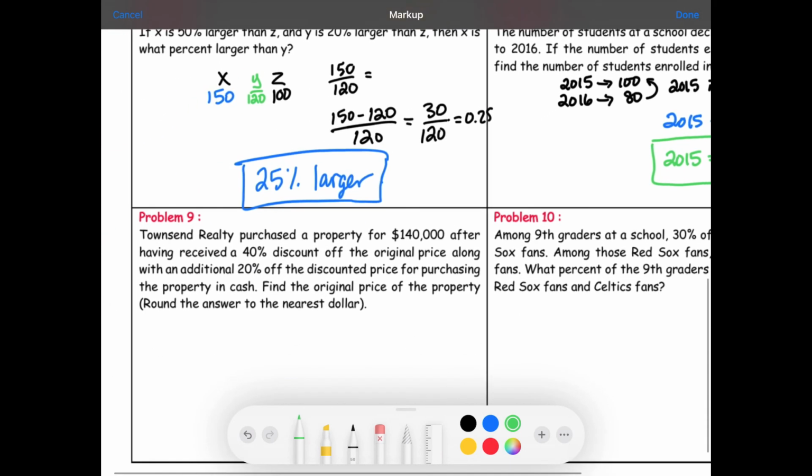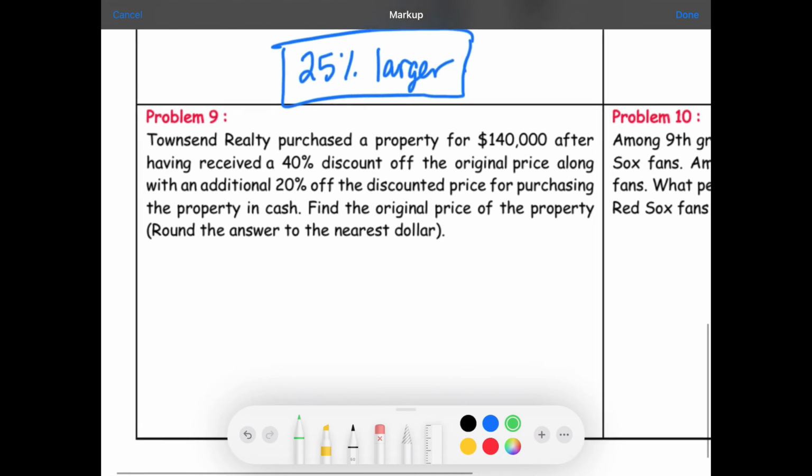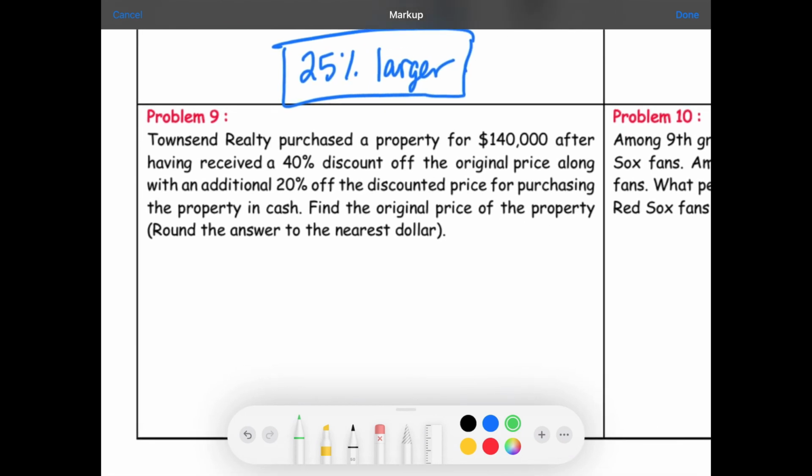All right. Townsend Realty purchased a property for $140,000 after receiving a 40% discount. All right, so they paid 60% of the original price. They also got 20% off the discounted price, so that would be like 80% of that price.